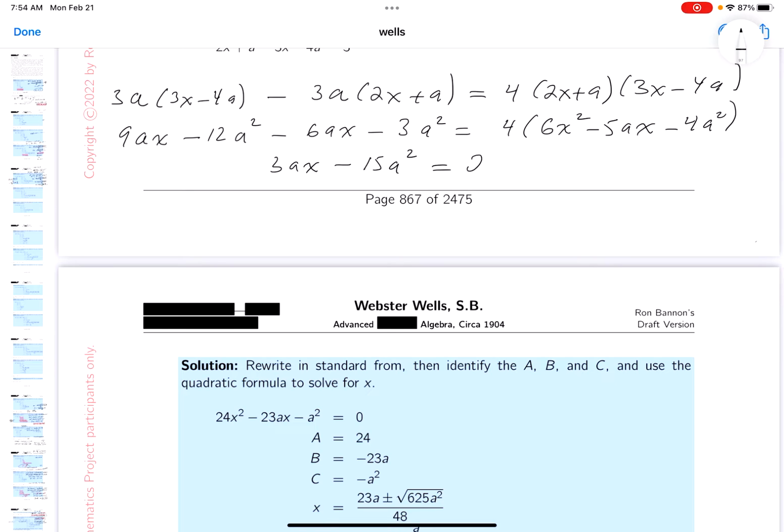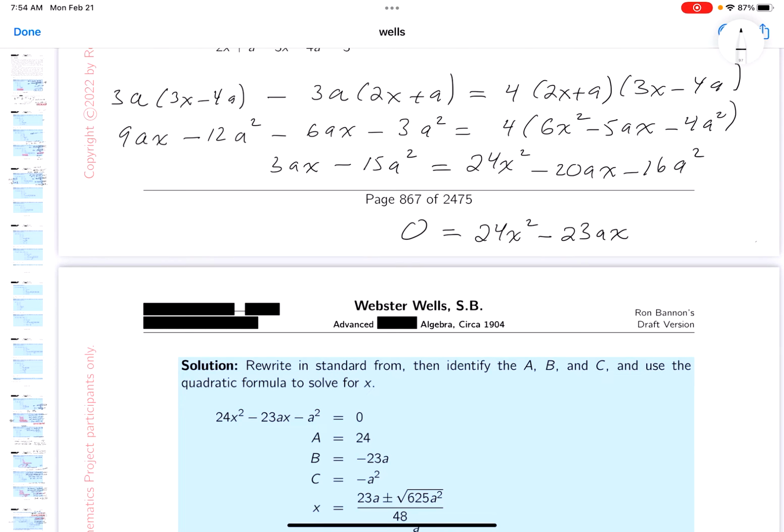What do you get over here? 24x squared minus 20ax minus 16a squared. Well, I'm almost there. And I get 24x squared. And let's see, I'd get minus 23, right? Again, I'm solving for 0, ax.